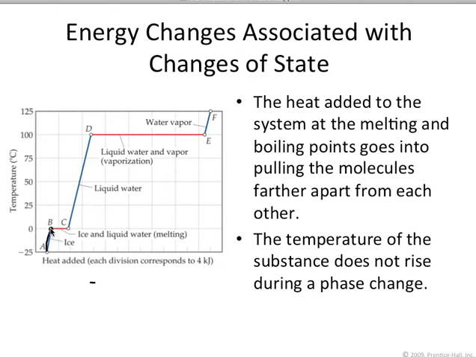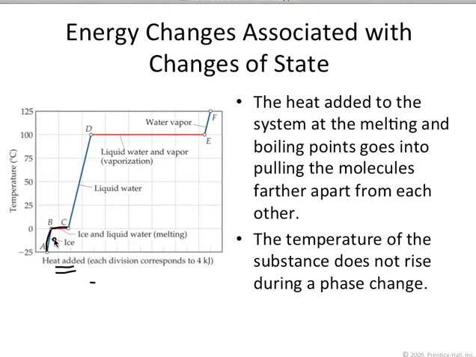Then if you notice, even though I'm adding heat, because that's what my x-axis is, heat added to my system, notice the temperature doesn't change. But I am breaking apart those intermolecular forces, so I'm overcoming some potential energy here. And I have ice and liquid water. It's in the process of melting.